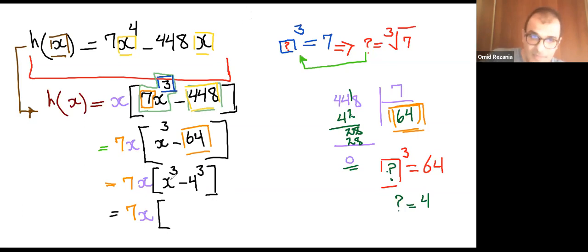Look at this one. I have the first term to the power 3, and the second term to the power 3. It makes life perfect for me. Life now is incredible for me.